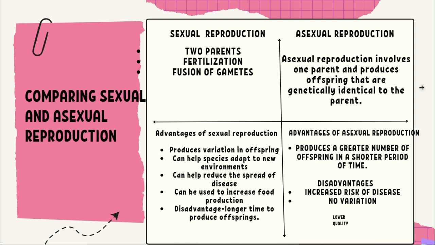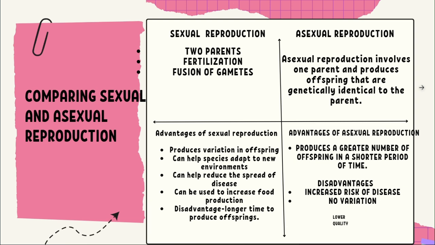In sexual reproduction, they produce offspring that have variation. And you might wonder why it matters whether there is variation or not. But variation is very important for a species to survive, because it equips the next generation to be able to withstand different conditions.